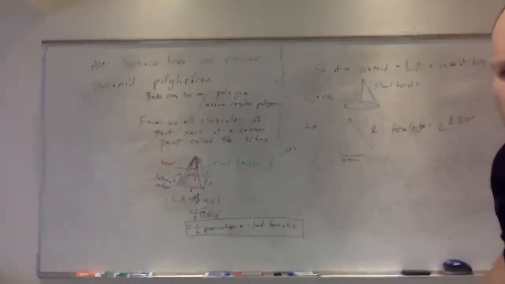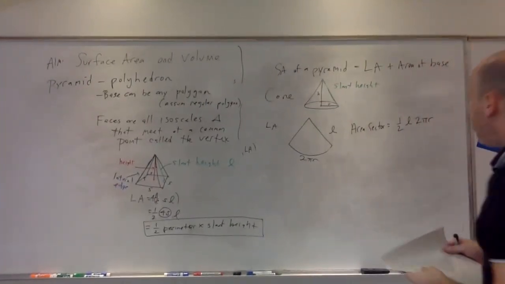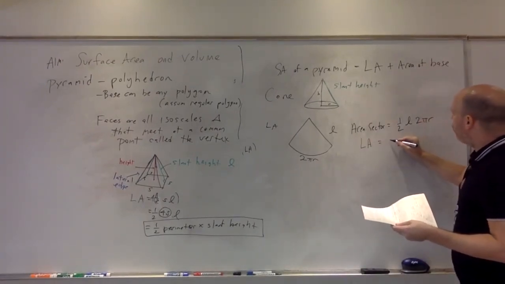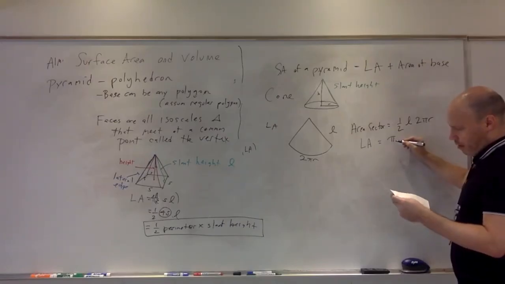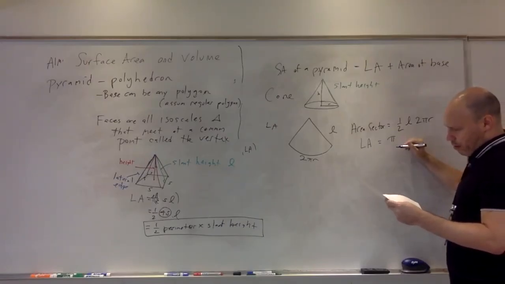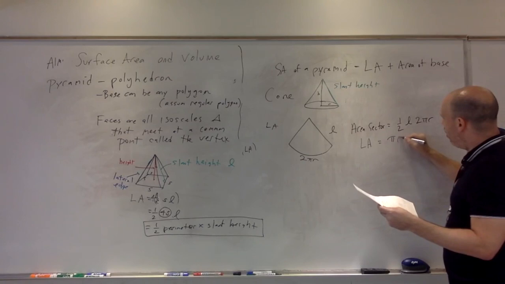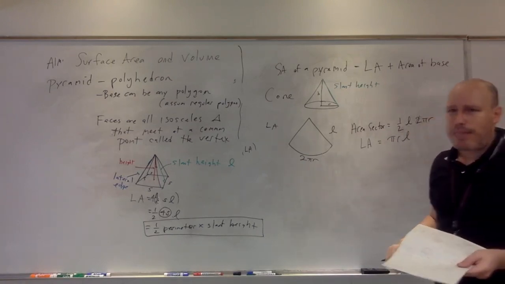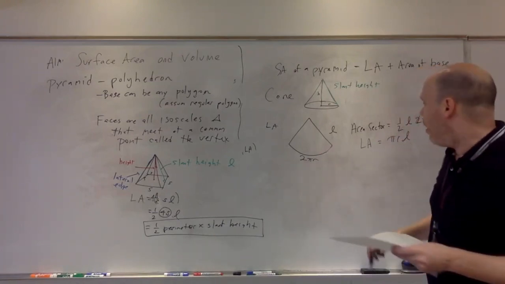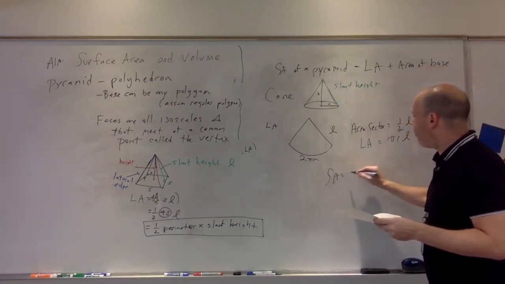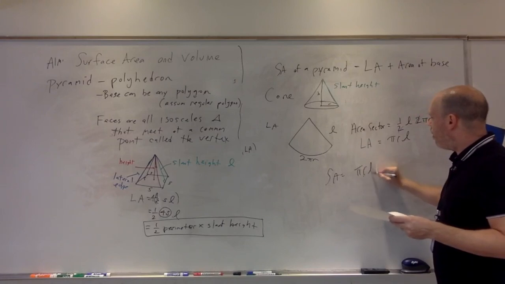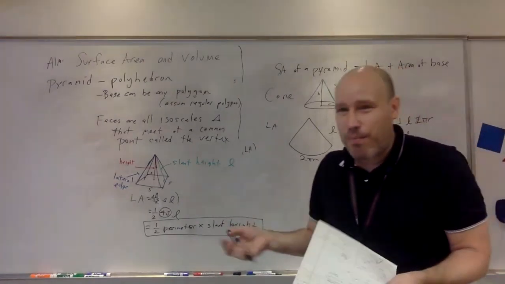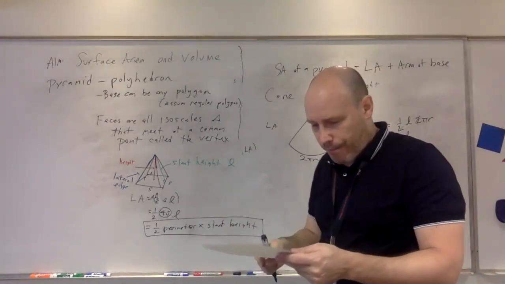So the area of the sector, which is the lateral area, is equal to pi r l. I say pi r l because it reminds me of that TV show on MTV, TRL. And therefore, the surface area is simply pi r l plus the area of the base. Now, no one ever puts a cap on the ice cream, but that's the idea of surface area.